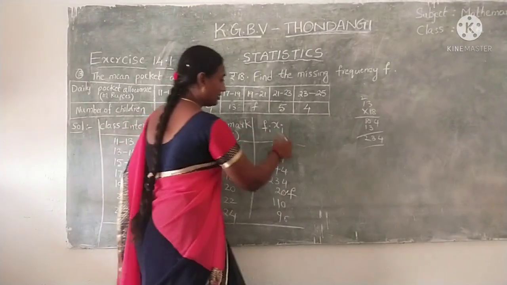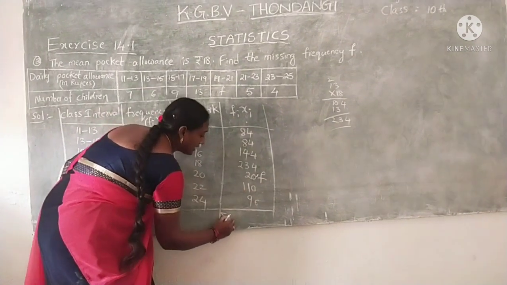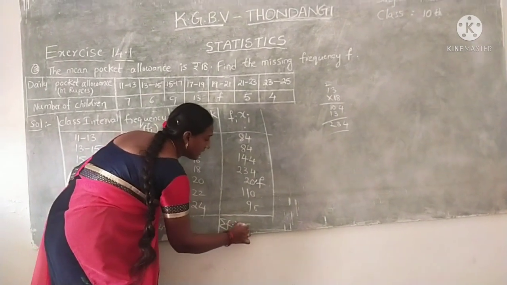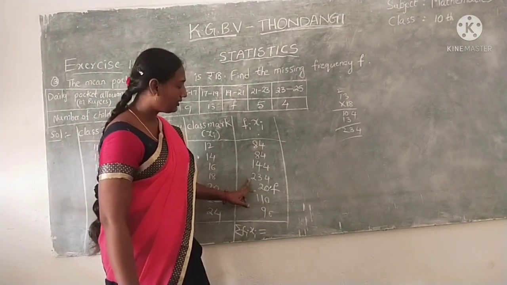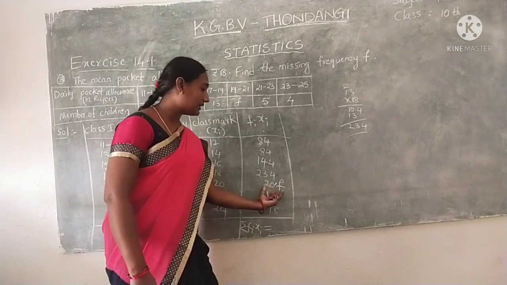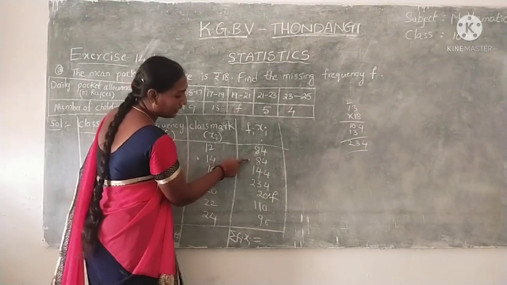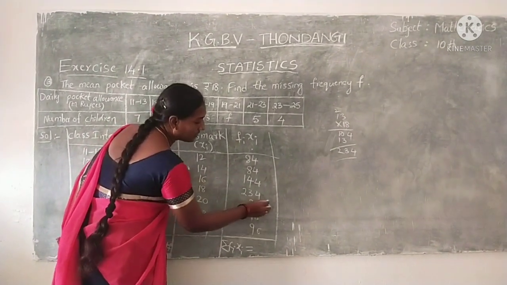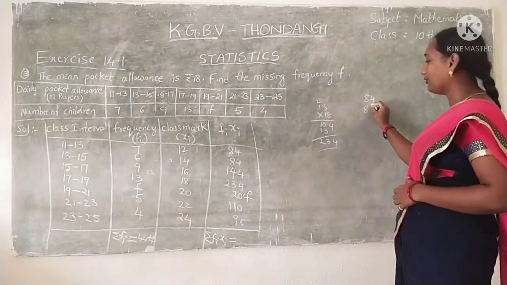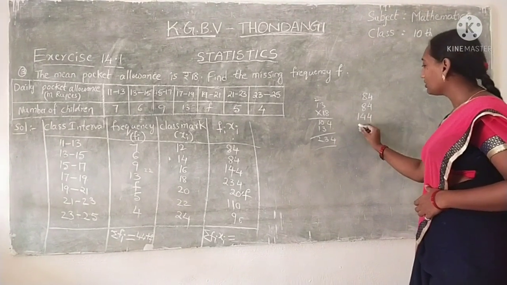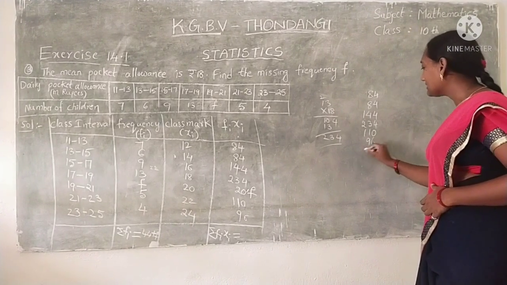Next, the total of all these values, that is sigma Fi Xi. Here we can add only numerical values. We can't add 20F to the numerical values. So first we add all these values except 20F: 84, 84, 144, 234, 110, 96.